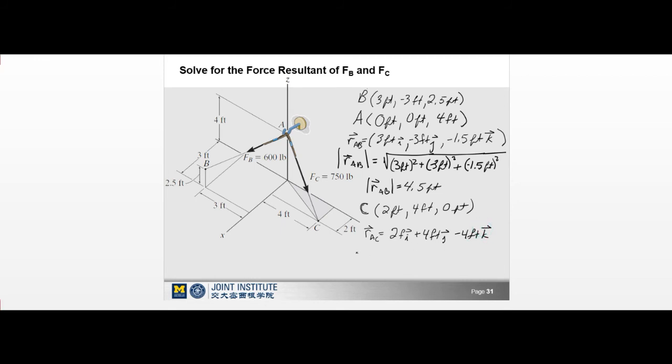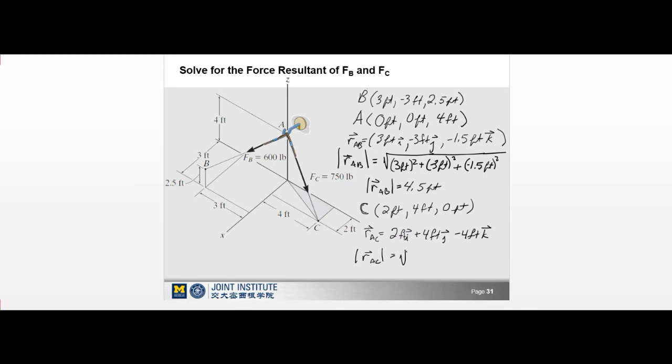Now we want to find the magnitude of RAC, the square root here. Looks like I'm missing a t here for feet.